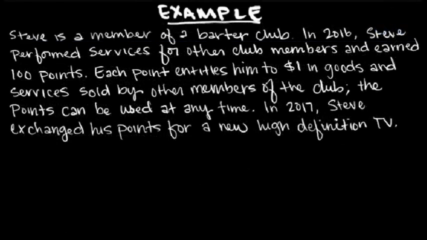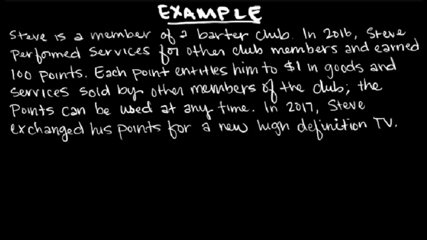So let's go through an example. Steve is a member of a barter club. In 2016, Steve performed services for other club members and earned 100 points. Each point entitles him to $1 in goods and services sold by other members of the club. The points also can be used at any time. So in 2017, Steve exchanged his points for a new high-definition TV.